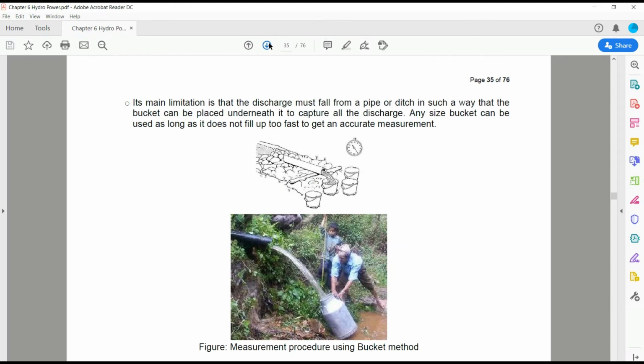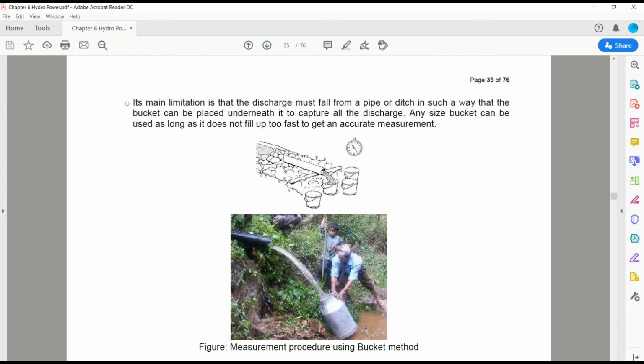Its main limitation is that the discharge must fall from a pipe or ditch in such a way that the bucket can be placed underneath it to capture all the discharge. Any size bucket can be used as long as it does not fill up too fast to get an accurate measurement.